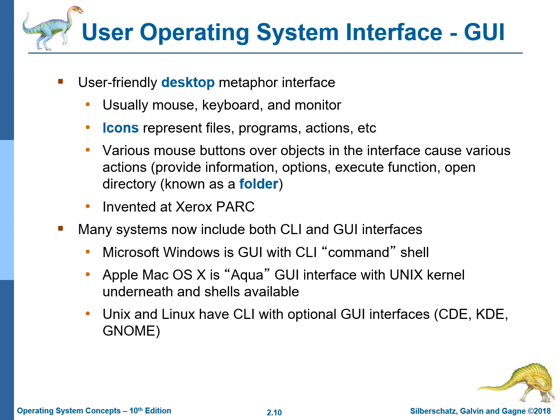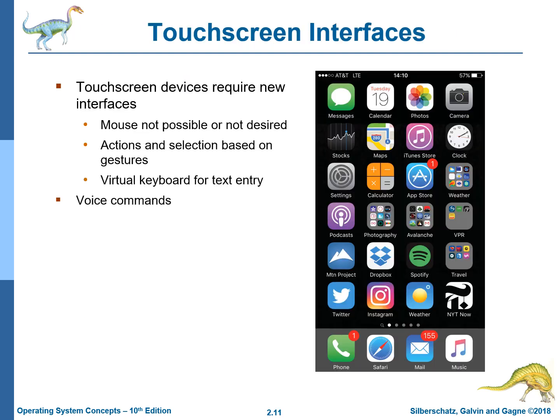Microsoft Windows is a graphical user interface with a command line command shell. Apple Mac OS X is the Aqua graphical user interface with a Unix kernel underneath and shells available. Unix and Linux have command line with optional GUI interfaces. Touch screen interfaces.